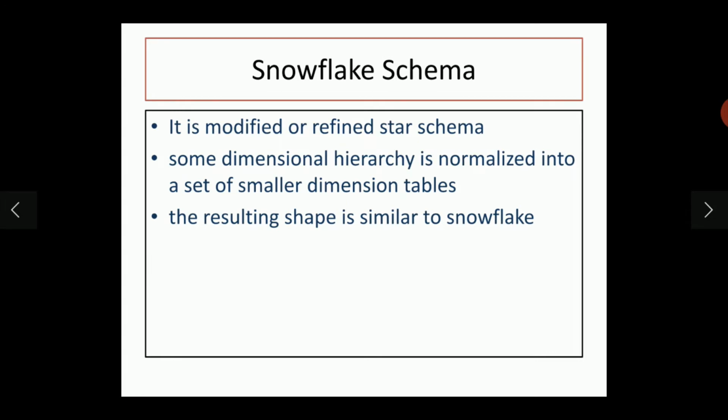We can see the Snowflake schema as the modified or refined star schema, where some dimensional hierarchy is normalized into a set of smaller dimension tables, and this forms a shape similar to a snowflake.